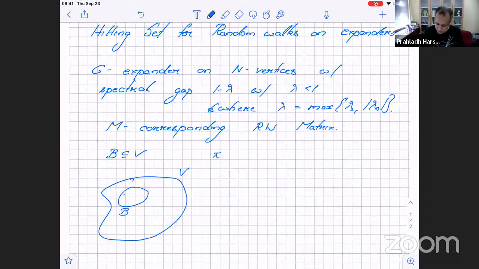And let pi of B be mu. That's the density of the set B under the stationary distribution. In this case, the stationary distribution is the uniform distribution.